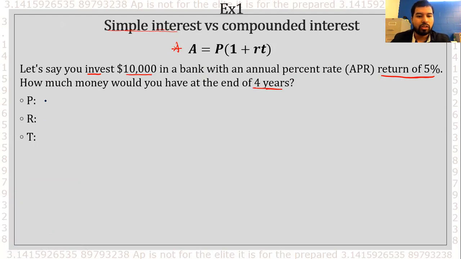Okay. So for principal, that is the number of monies that you started off with. So 10,000. My 1 is just 1. My R, according to this, is 5%, but I'm going to write it as a decimal, which is the same thing as saying 0.05, right? And the term was 4 years.